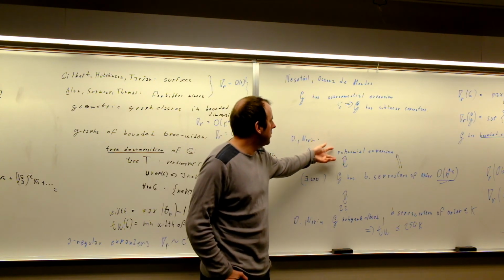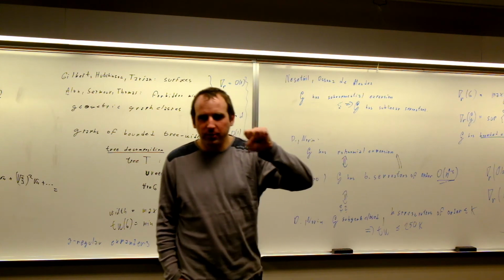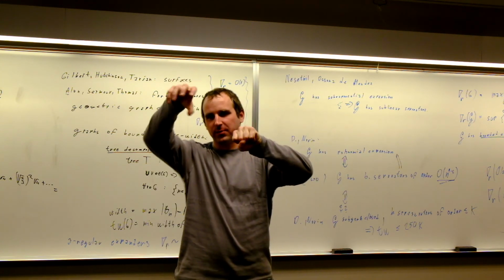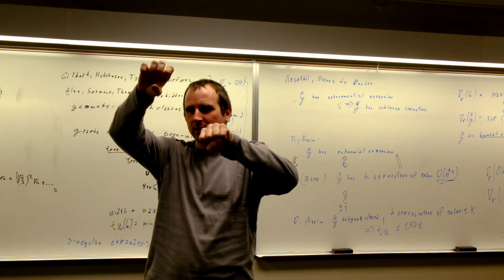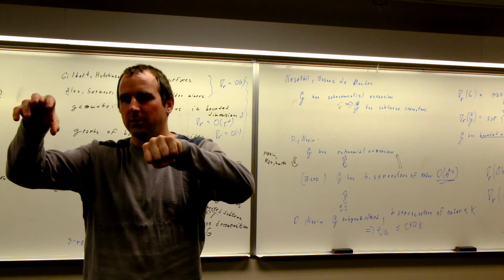you take the graph obtained by contracting balls of small radius, or subgraphs of small radius, and you would like to show that it has small average degree.